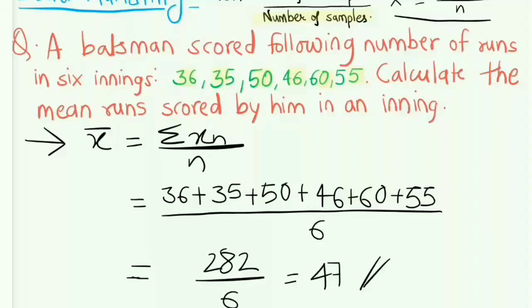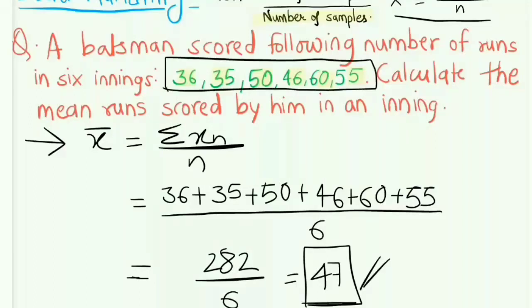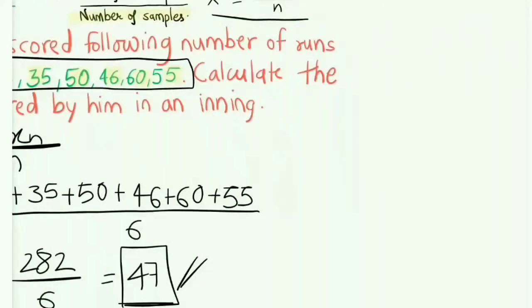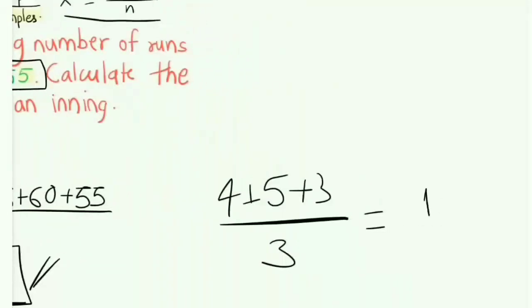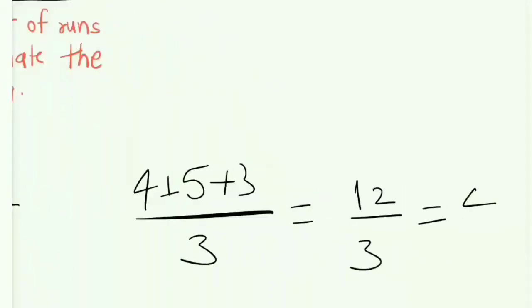Did you observe from these two examples that the average, this number, does not always lie on the given sample values? That is, 47 is not one of the given sample values, but yet the average value is 47. In the last example, Ashish studied for 4 plus 5 plus 3 hours. In these 3 sample points, we had 12 by 3 equal to 4.